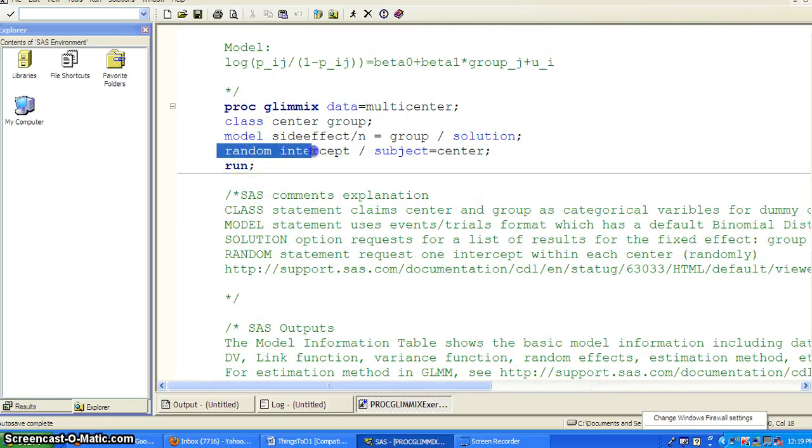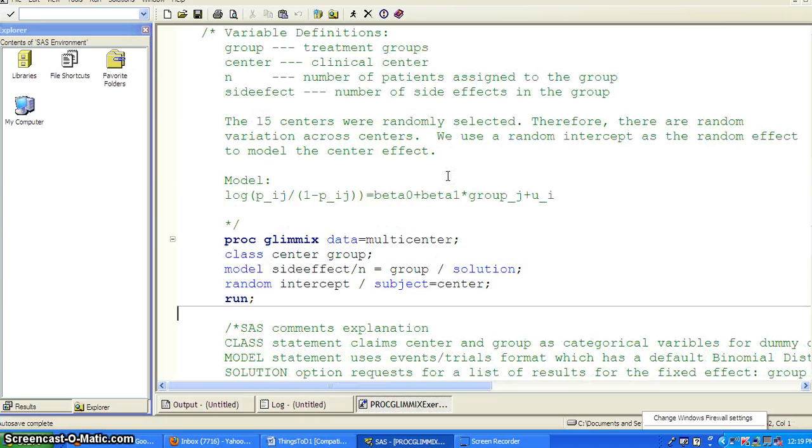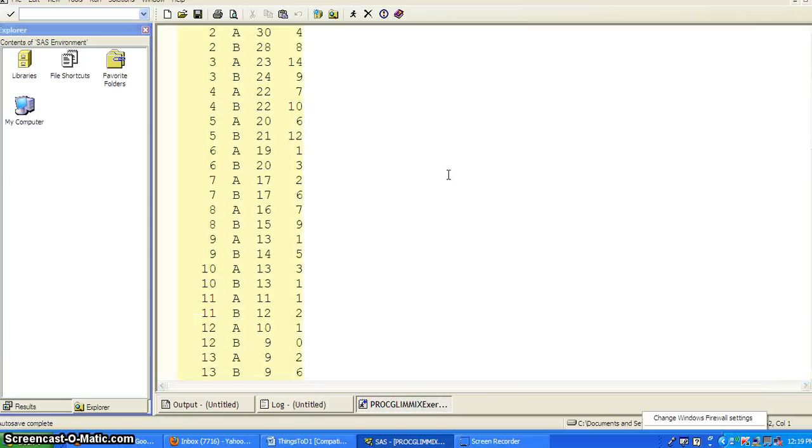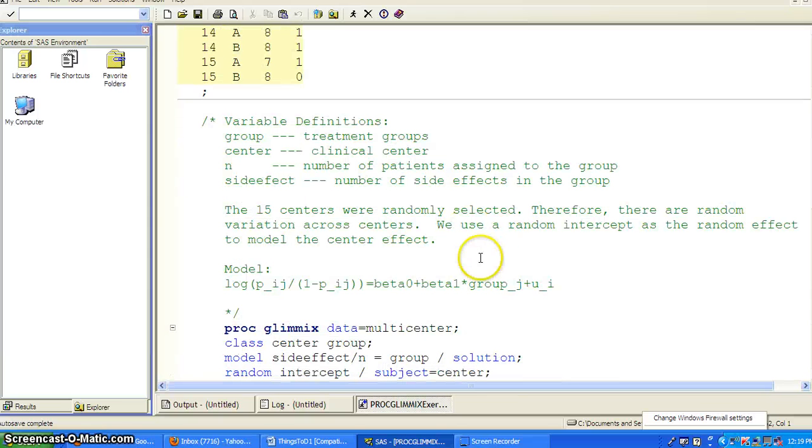And then to model the random effect, we use a random intercept. Okay, so here, back to our model, if we do multi-level modeling, we can start from a logistic regression and then split the intercept into a fixed effect part and a random effects part.